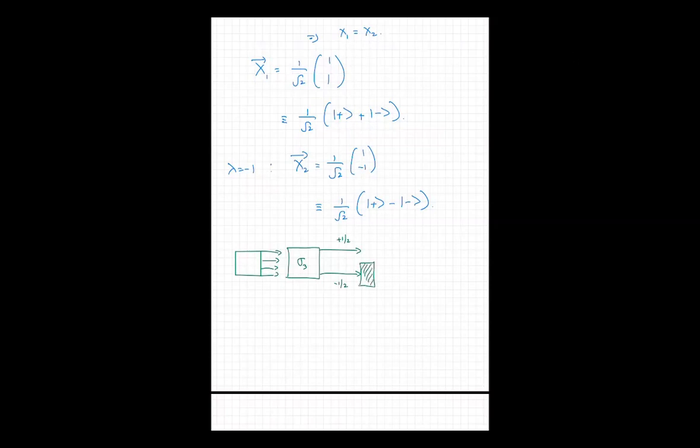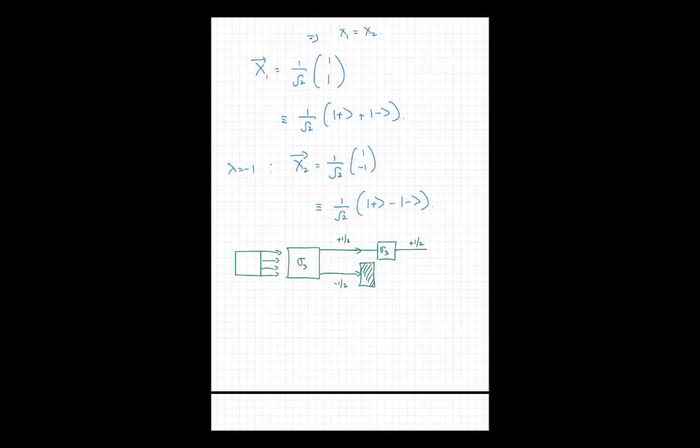If I block this beam, and then in the path of the other beam I put another apparatus that measures the same sigma 3, I'm guaranteed to measure only plus 1/2. Why? Because the beam that I'm measuring sigma 3 on is actually an eigenstate of sigma 3 with a particular eigenvalue. So a subsequent measurement of sigma 3 does not change the value of sigma 3.